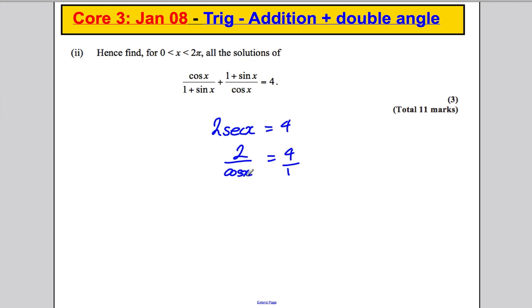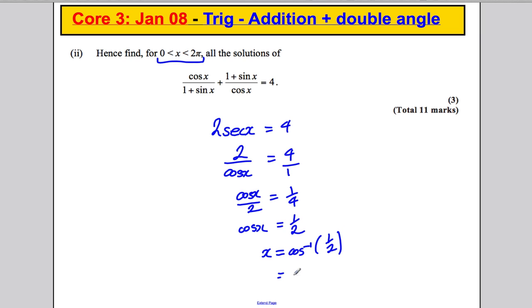So what we can do is flip both fractions, and we could say that cos x over 2 is equal to a quarter, and times both by 2, cos x is 2 over 4, which is a half. So we're finding all solutions where cos x is simply equal to a half. Well, x is therefore the inverse cos of a half, and that is equal to pi by 3.